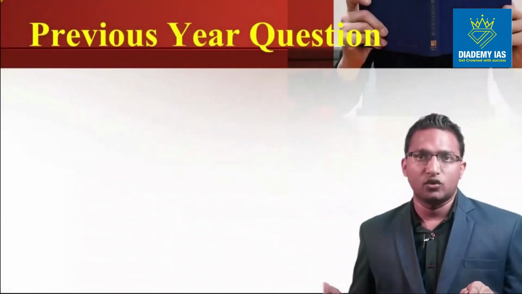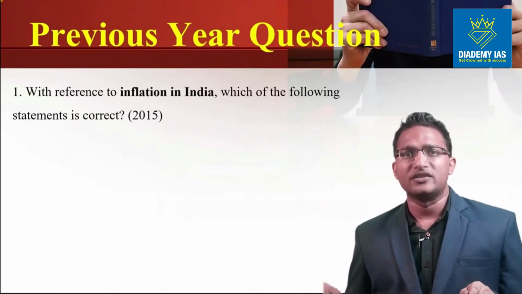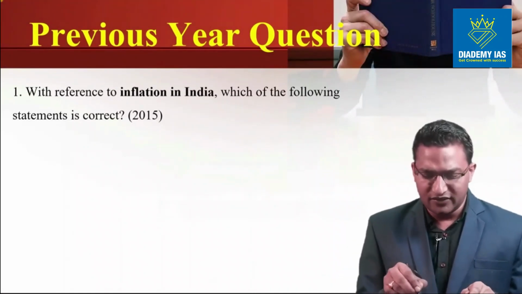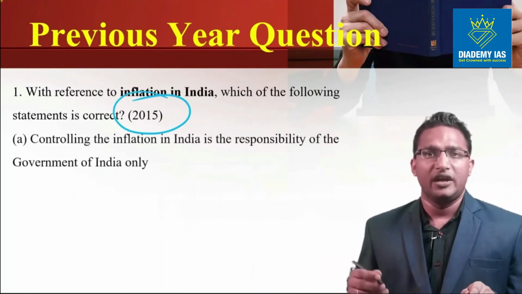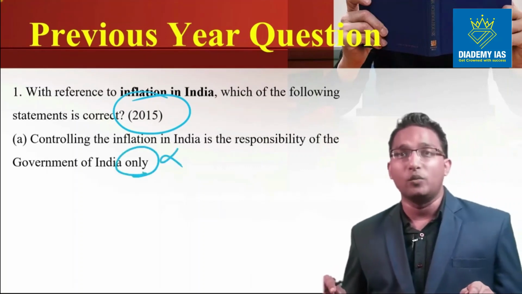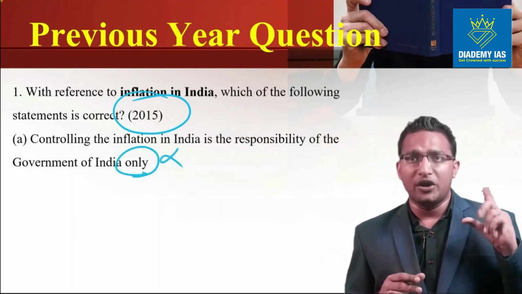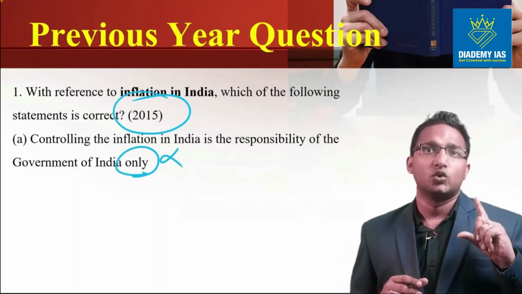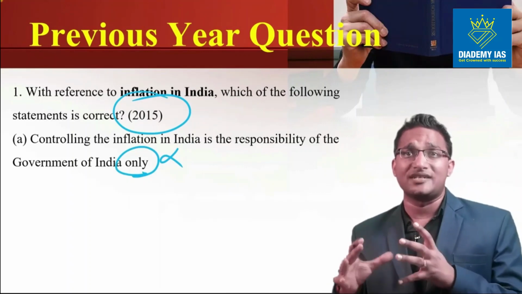Now coming to the previous year question. With reference to inflation in India, which of the following statements is correct? This question appeared in 2015. A. Controlling inflation in India is the responsibility of the Government of India only. This is wrong, because we have discussed how to control inflation through different measures, through monetary policy, fiscal policy, foreign trade policy, and administrative measures. So there has to be a range of measures.